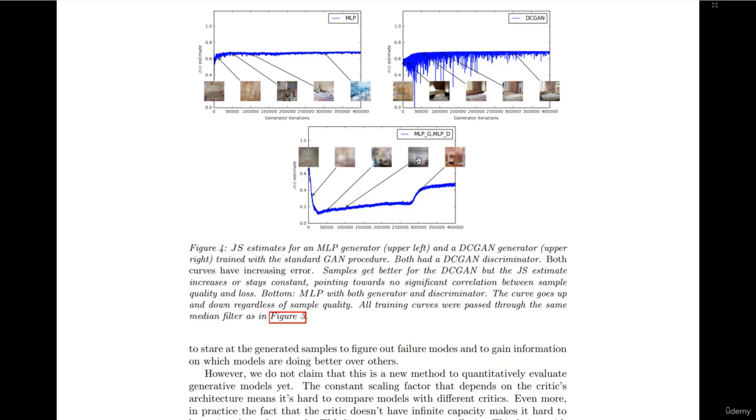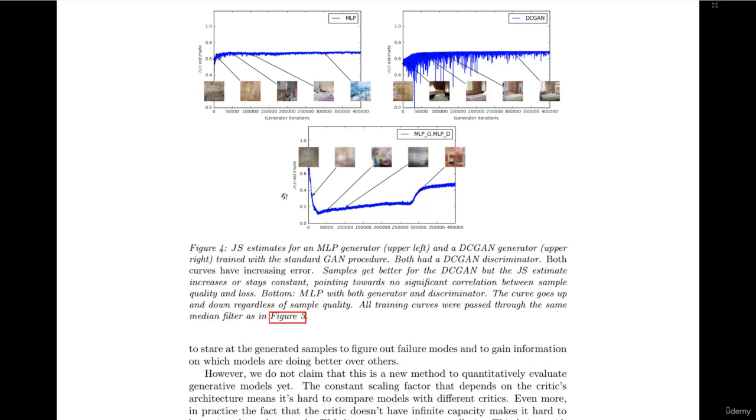And in this one right here, the MLP with both generator and discriminator, as you can see here, we have the generator and the discriminator, which are actually MLPs. The curve goes up and down regardless of sample quality. So you can't just come at any time and notice the pattern and say, okay, this is dropping, so the quality is increasing, or maybe this is increasing and the quality is increasing.